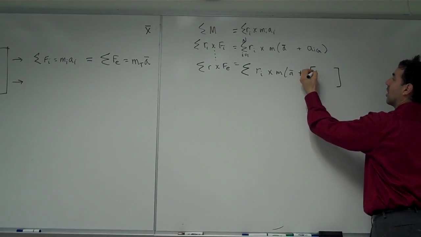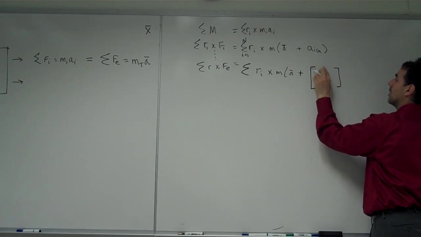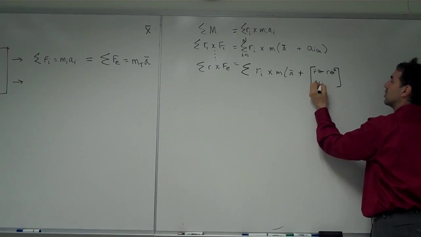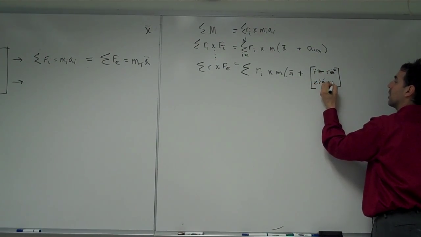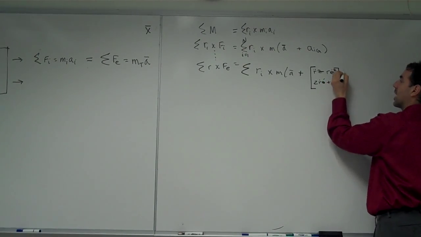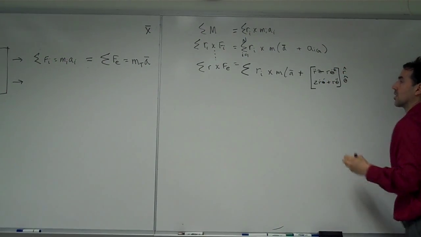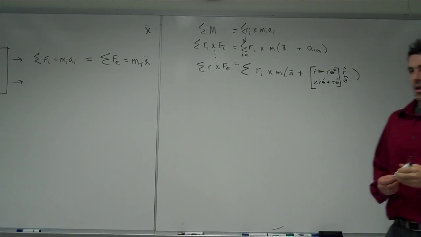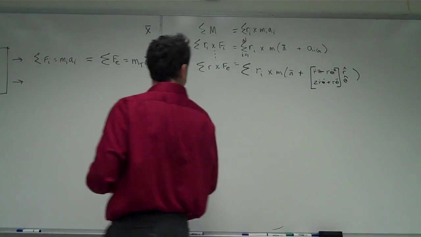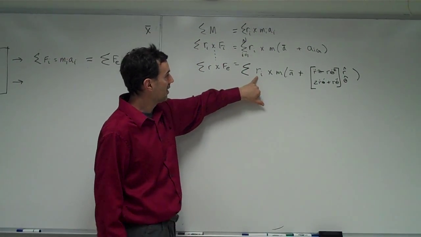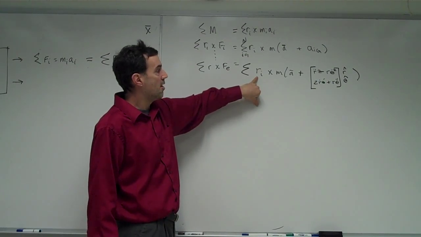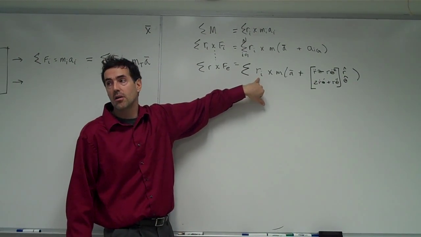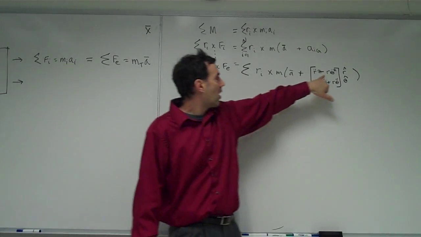So that was r double dot minus r theta dot squared, 2 r dot theta dot plus r theta double dot. This is in the radial and transverse components. We made an observation that this r and that r are the same.